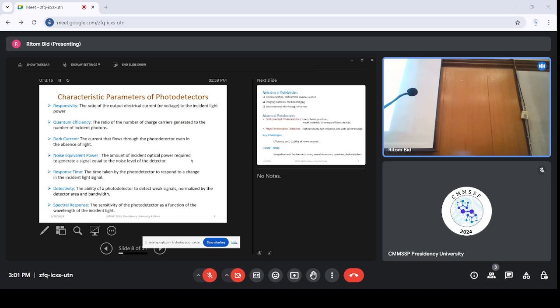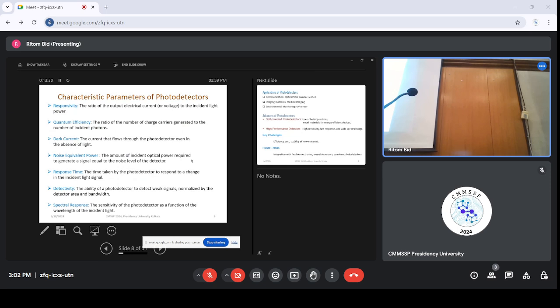So these are the conventional characteristics of a photodetector. If you are developing a photodetector, you must check its responsivity, how efficient your device is, and how efficiently you can convert the input light power into output electrical power. That is the primary thing. And quantum efficiency is basically the number of charge carriers generated by the incident photons.